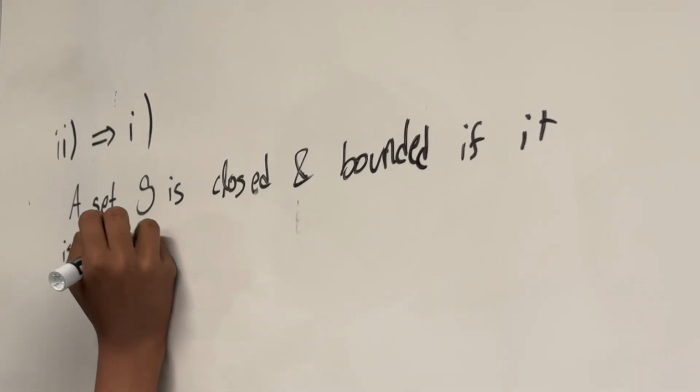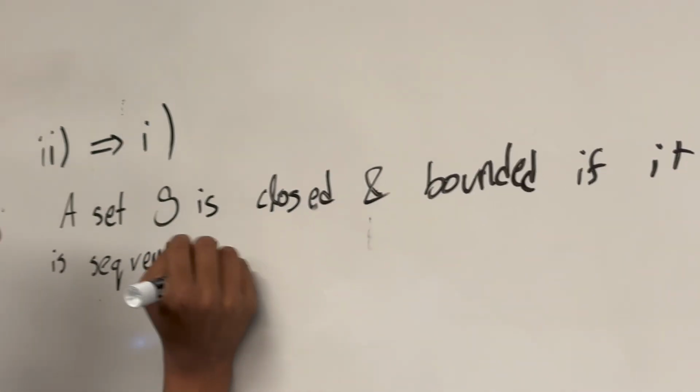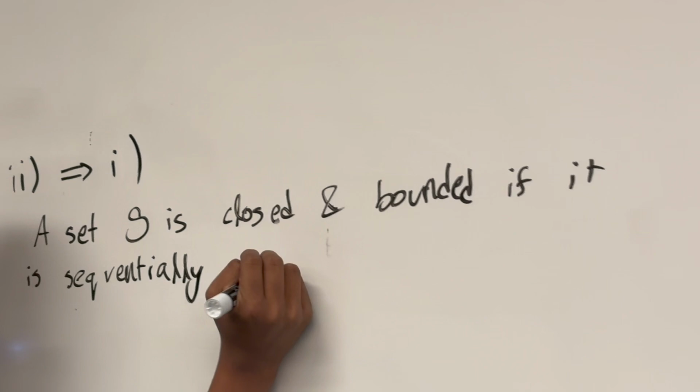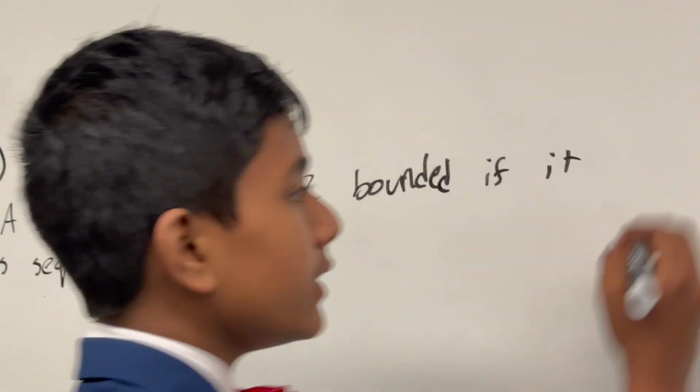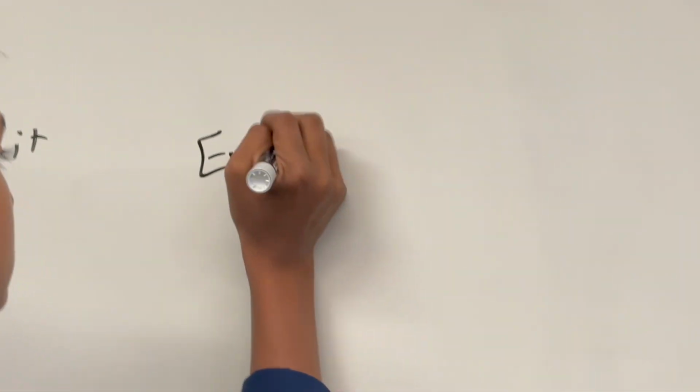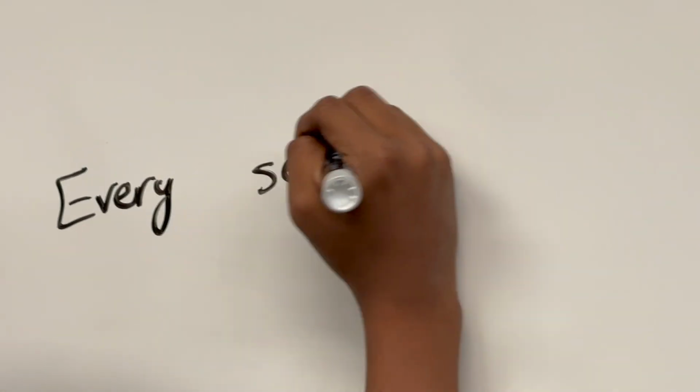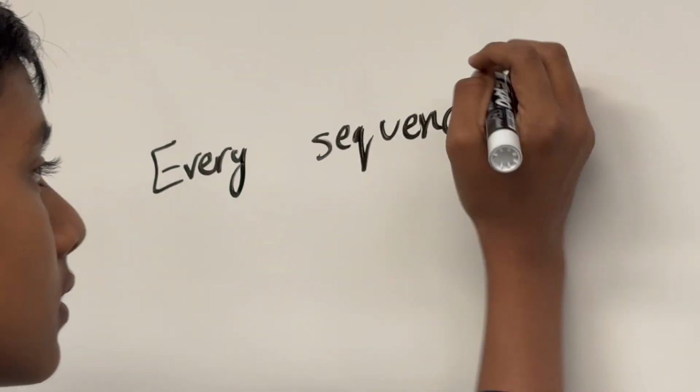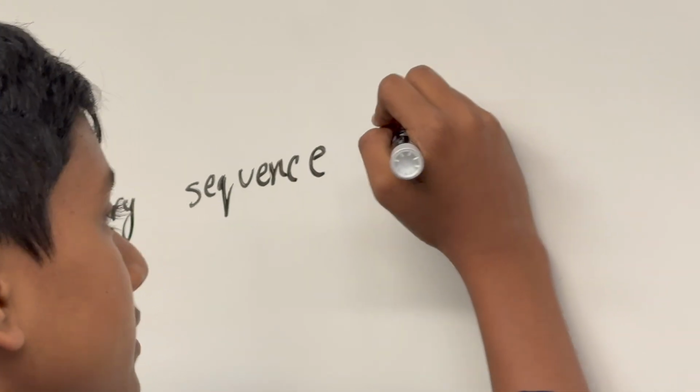So, we know sequentially compact means that every sequence whose elements are in S, or let me write it more formally.